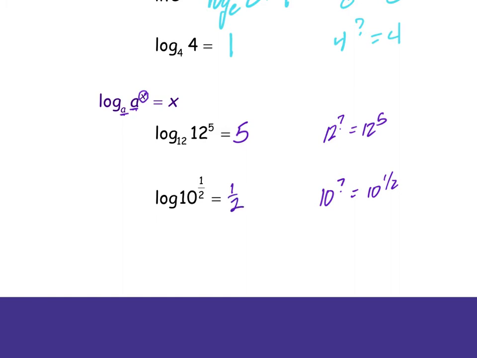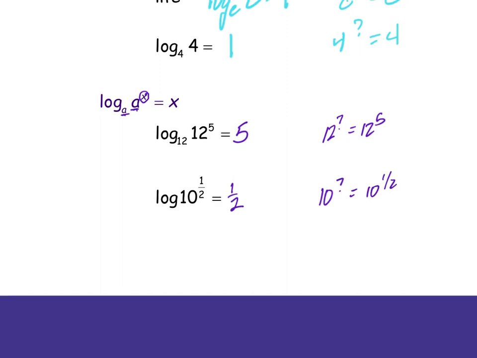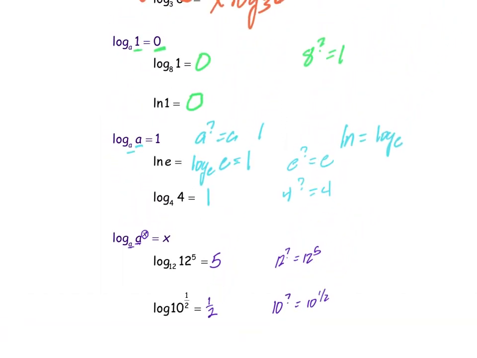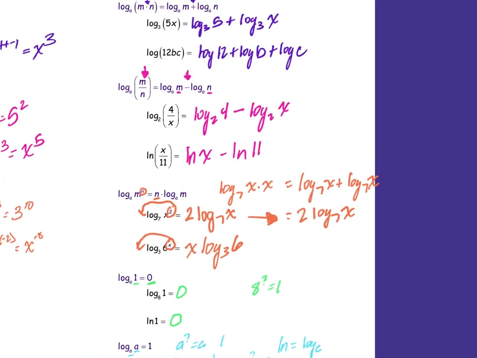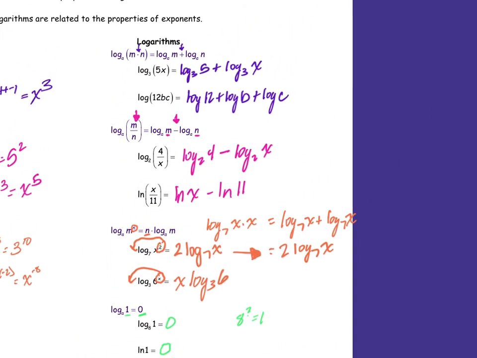Okay? So the last 3 rules are just basically identity rules, and they're going to help us solve some things when we get to solving, but we're not doing solving right now. What we're going to be using right now are these top 3 rules.